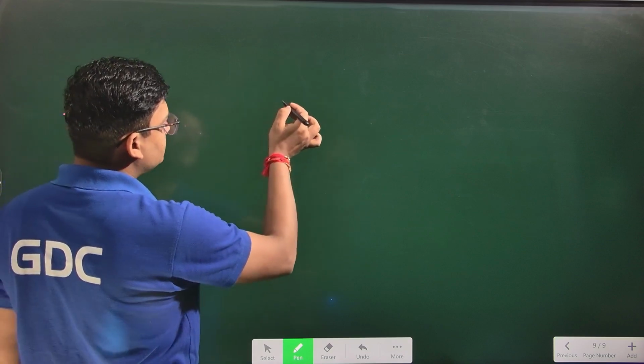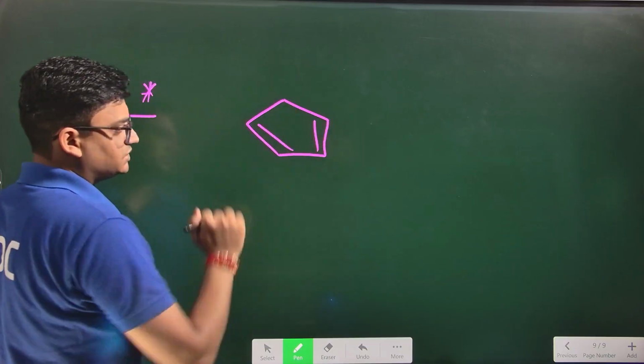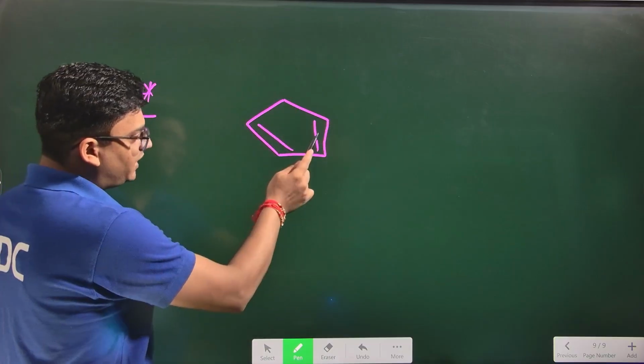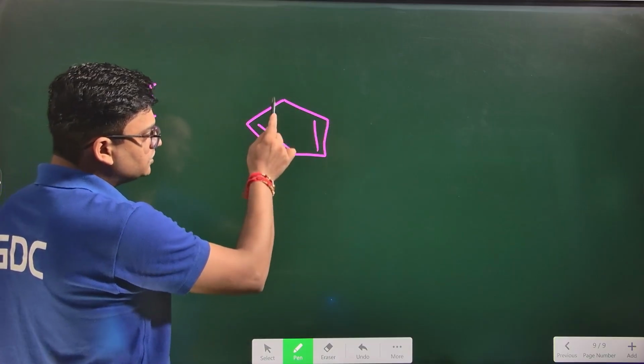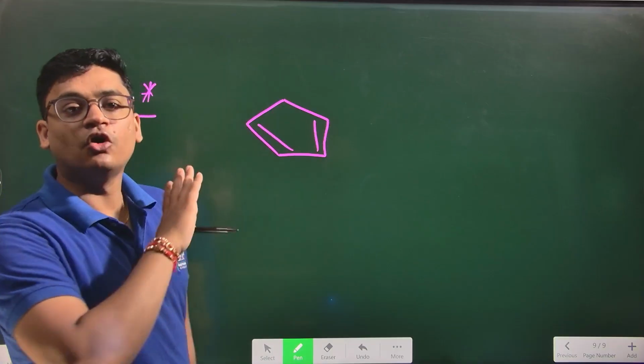Let's take a case, like this structure. We have pi, sigma, pi, but there is no conjugation around this carbon. So the complete ring is not in conjugation.